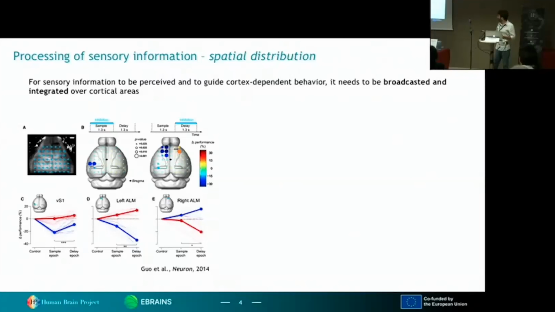And they observed that not only sensory areas account for the successful behavior, that is licking behavior, but also other areas are necessary to perform correctly the behavior. So sensory information to be correctly perceived needs to be broadcast and integrated over different cortical areas.